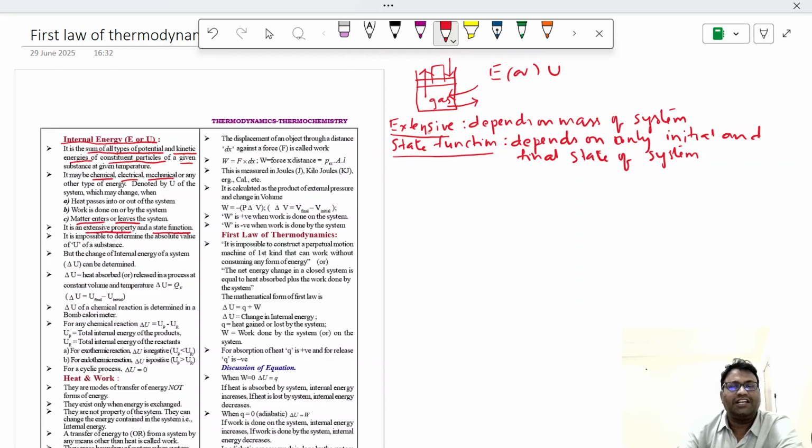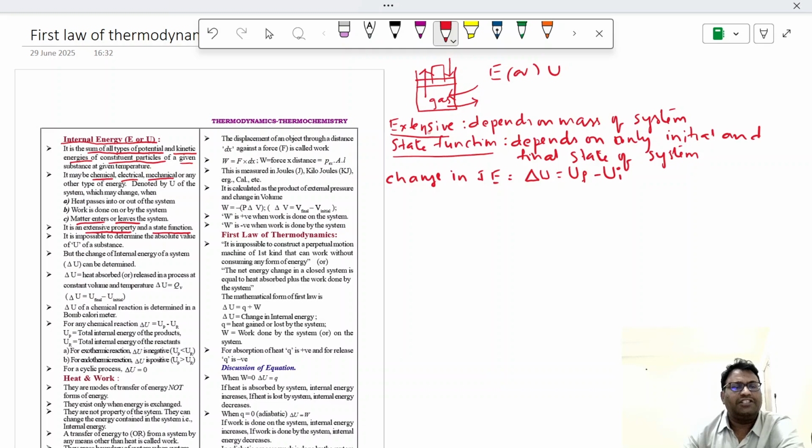Change in internal energy is represented by delta U, where delta means a finite change and internal energy is represented by U. Delta U means U final minus U initial, that is, the final internal energy of the system minus the initial internal energy of the system. So you can determine the change in internal energy, but you cannot determine the exact value of the internal energy of a system.